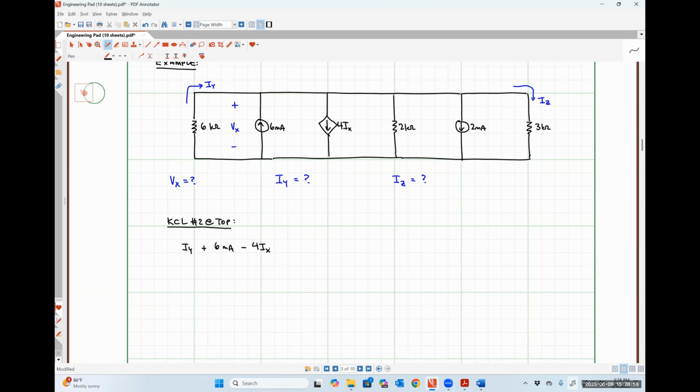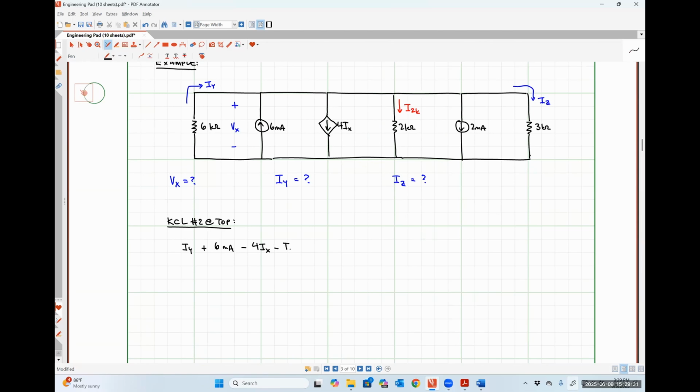Now we have the 2 kilo ohm resistor, and there is no indication as to which direction the current is flowing. So we get to make a choice here. So somebody choose whether the current flowing through the 2 kilo ohm resistor is flowing up or down. Down. Okay. So I'm going to call this current right here I2K. And because it's flowing out of the top node, it's going to get a minus sign.